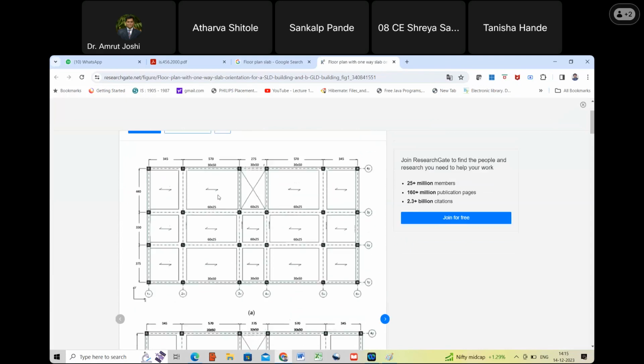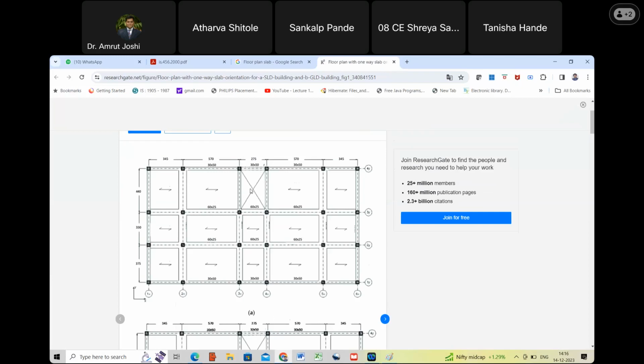Are you able to see my arrow? Yes, sir. So if you look at this slab, on this side there is something, and on this side there is nothing. Are you with me? Yes, sir. On this side, however, there is another slab. Do you agree with me? Yes, sir. On this side, there is another slab. Do you agree with me? Yes, sir. On this side, there is nothing because it is a duct. This cross mark means it is a duct. Are you with me? Yes, sir.